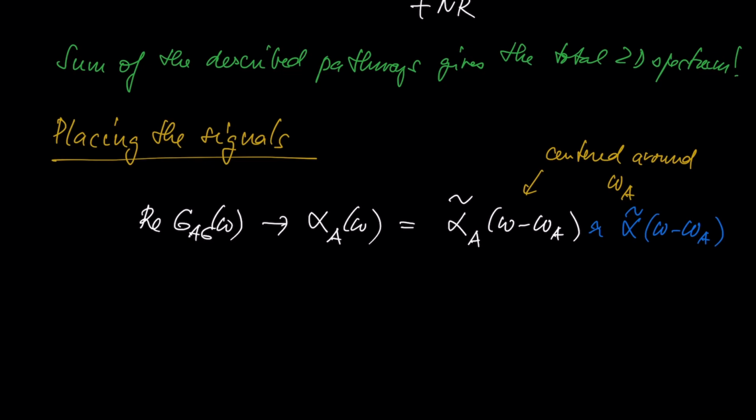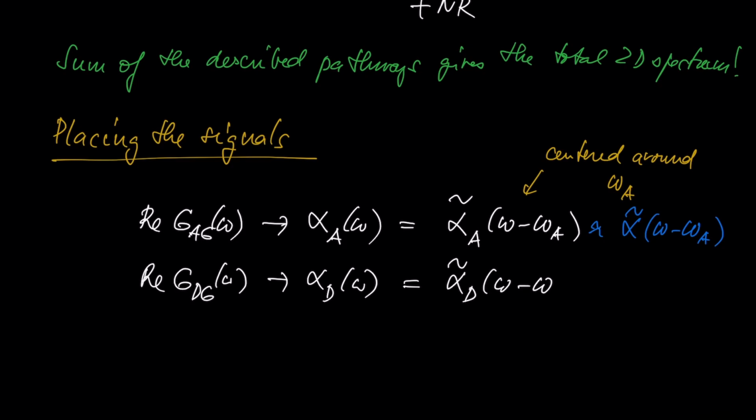Okay, the same will be true for the real part of GDG omega. That's some alpha D omega, and we define alpha D, which is centered around 0, so that this is the way that we place the spectrum to the right place.